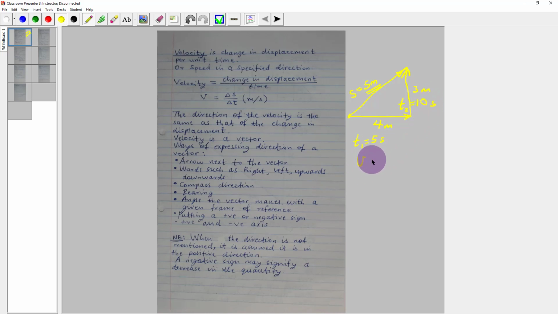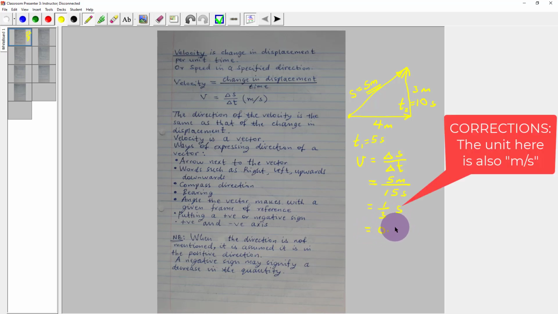So the velocity will be equal to the change in displacement divided by the change in time, which will be 5 meters divided by 15 seconds. And this is like 1/3, which is 0.333 meters per second. This will be the velocity.